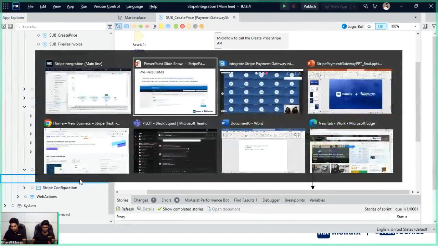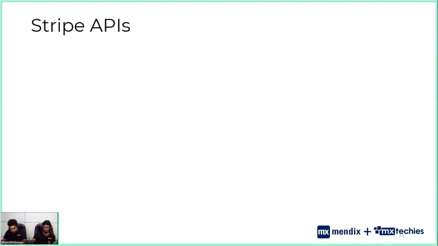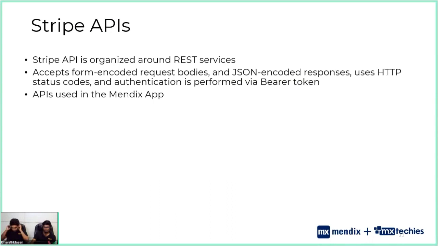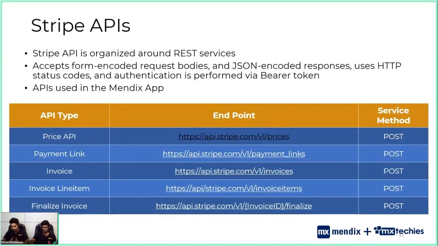So next, I would like to explain the list of APIs that we have used in detail. Stripe is organized around REST services. The services accept a form-encoded request body, return a JSON response, and authenticate using the bearer token.